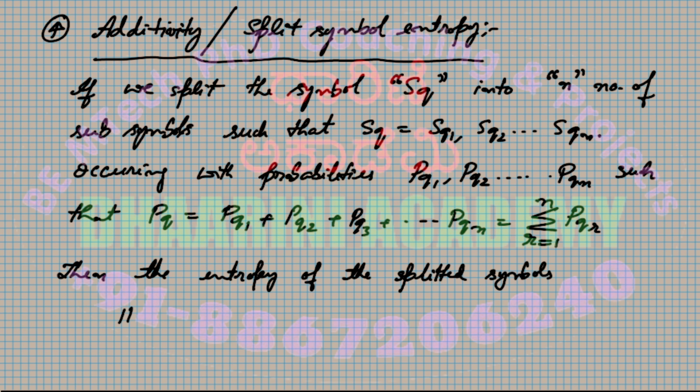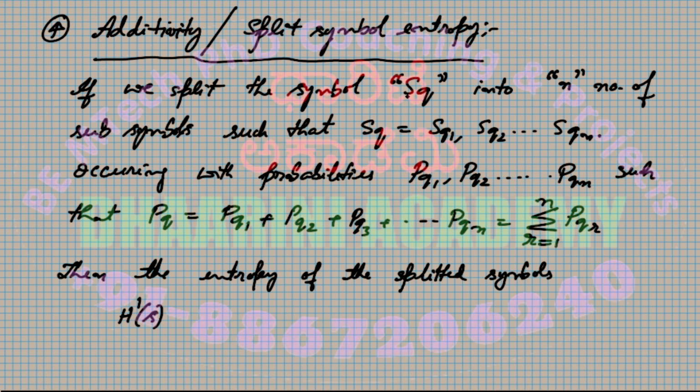Let me call that, say, H dash of S. Okay, it's a different H dash. The original symbol had its entropy H of S. Now I call it H dash of S. So how do I calculate that? Originally I had many symbols. I used to calculate them by using P1, P2, P3, etc.